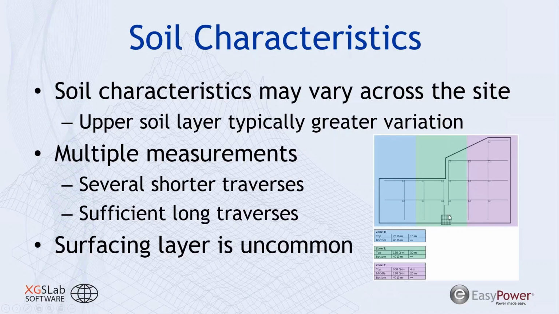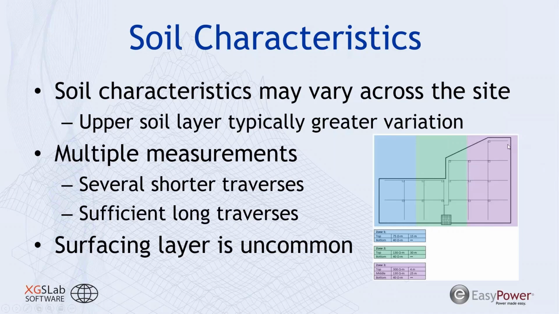Another challenge is characterizing the deep soil layer electrical characteristics. If we are following the recommendations from, for example, IEEE Standard 80, we want to be able to perform a Wenner soil resistivity measurement with an A spacing on the order of the size of the system that we are analyzing.